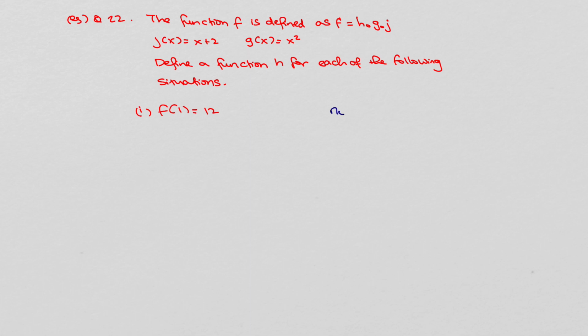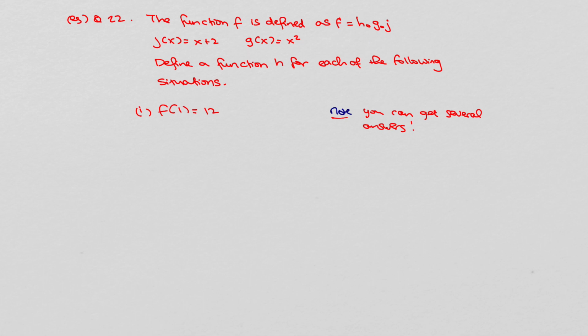So the first thing that's important to note is that we can have multiple different answers here. Okay. So what we're told here is that we're inputting 1 into our function f, which is going to give us an output of 12.